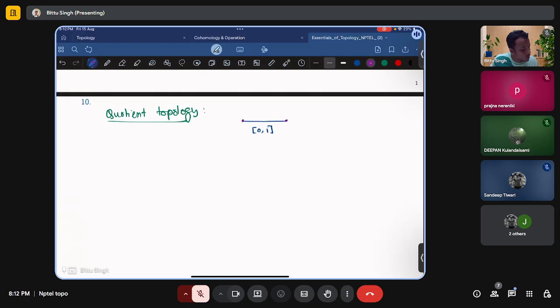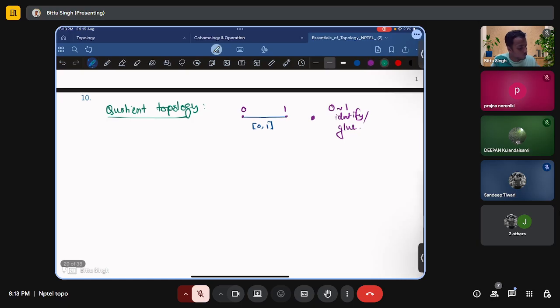And now I ask you to identify this 0 and 1. Identify means the same as saying glue this 0 and 1. Identify or glue or whatever you say. Then can you see what this becomes?